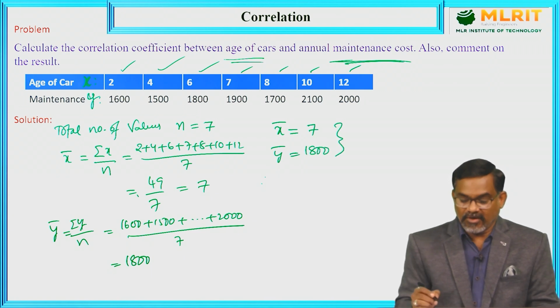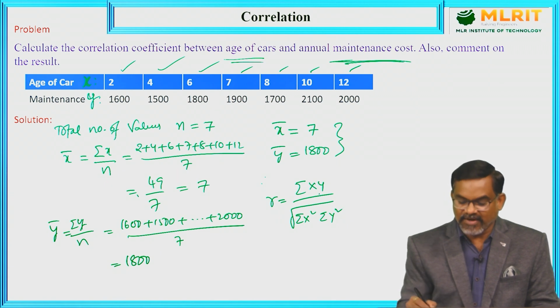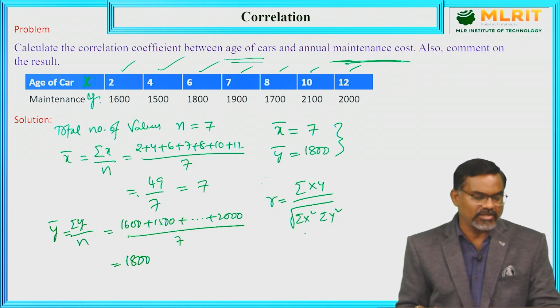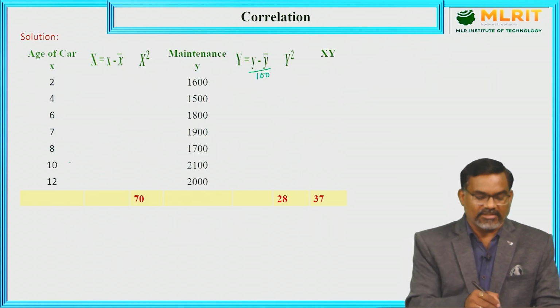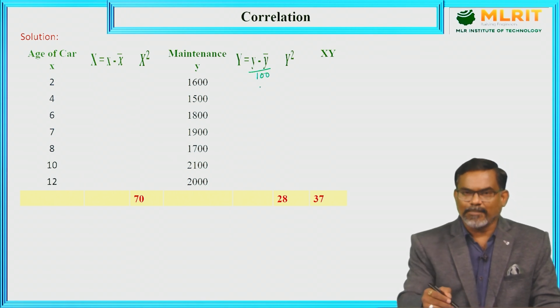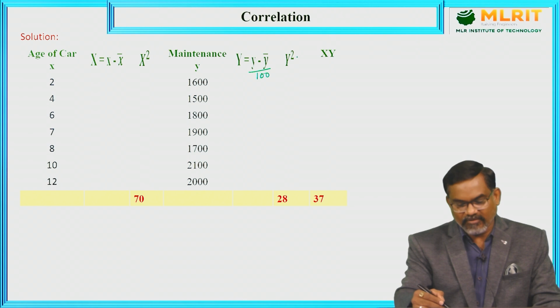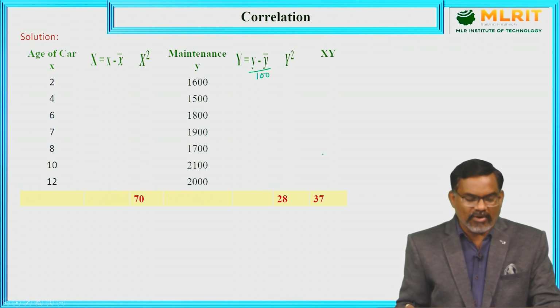So therefore we can use the formula r equal to sigma capital X capital Y by under root sigma capital X square into sigma capital Y square. So to find these values, the numerator and denominator values, let us construct the following table. The age of cars, small x values, and then capital X, then X square, small y values, capital Y, then Y square values, and then XY values. Now what is x bar?